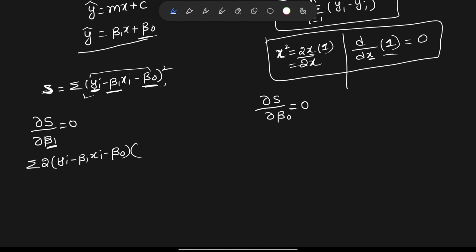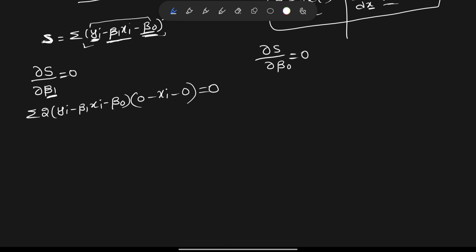In the yi term we don't have a beta 1 value, so it will be 0. Minus, the term contains beta 1, so it will be xi, minus beta naught, which is 0. Since we get 0 equal to 0, we will take minus 2 to the front.